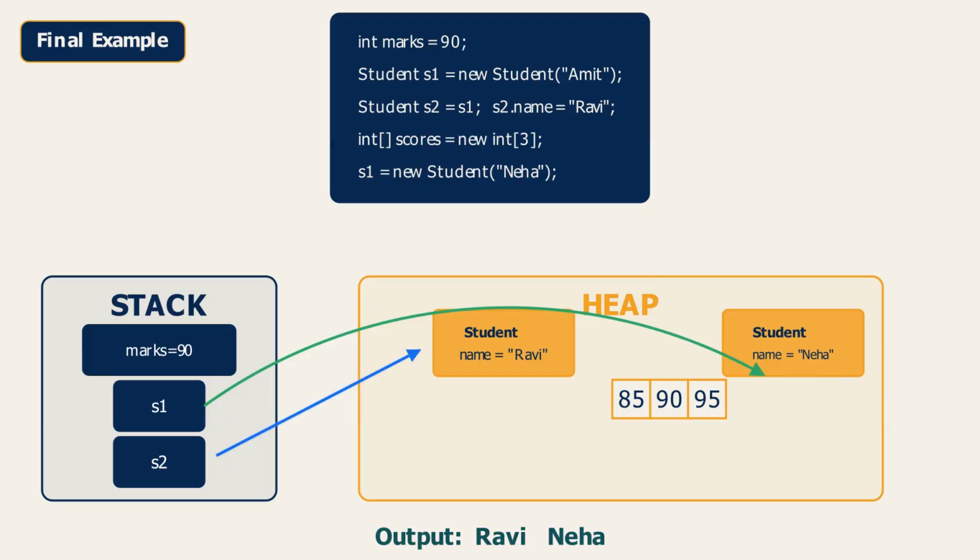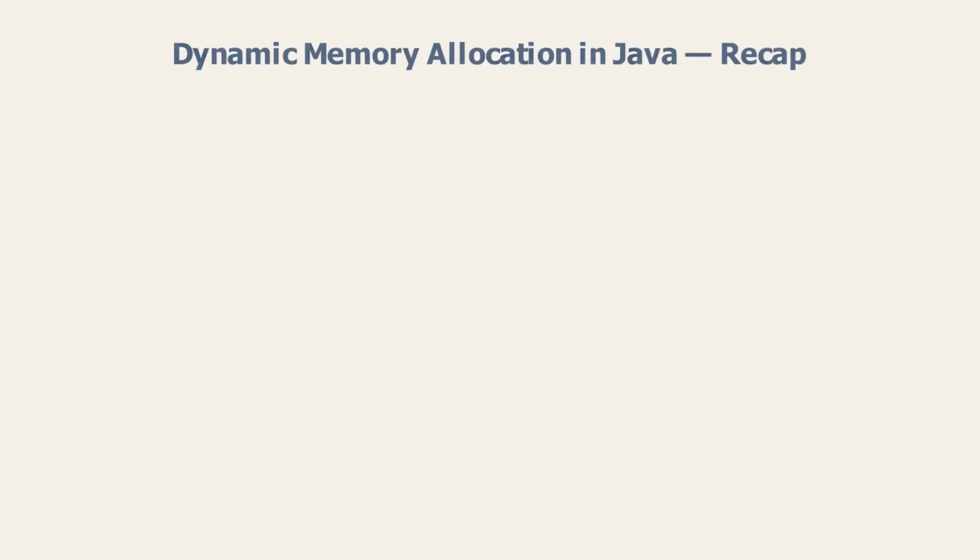Then s1 = new Student("Neha") creates a brand new object, and s1 now refers to Neha, but s2 was never touched. It still refers to the Ravi object, so our output is Ravi, then Neha. And because s2 still holds that reference, the Ravi object is not eligible for garbage collection yet. It's still reachable.